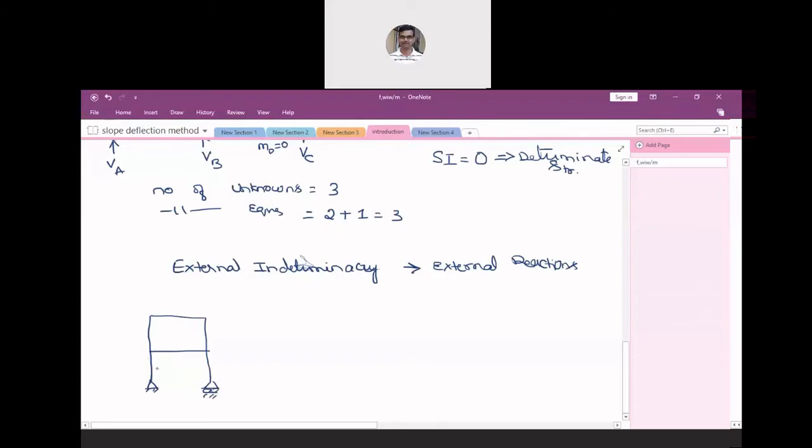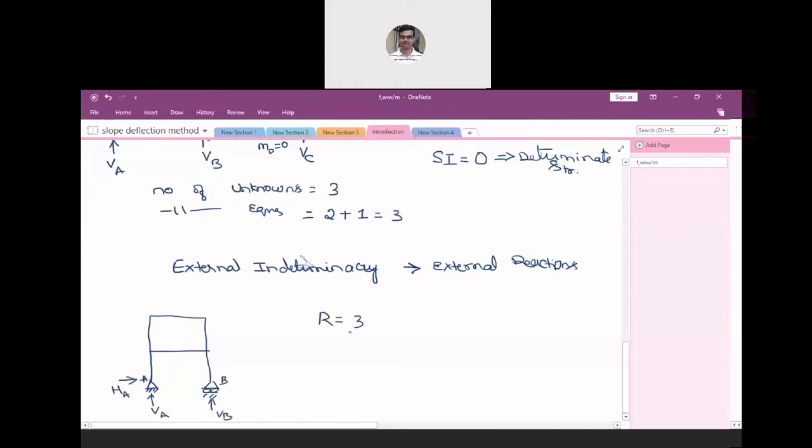Now here, if I look at the boundary condition which we have taken, at the base one end is hinged and the other is a roller. So at this hinged support, I'll have 2 reactions: one is the horizontal reaction and the other is a vertical reaction. And here also I'll have a reaction. If I call them A and B, I will call them VA and VB.